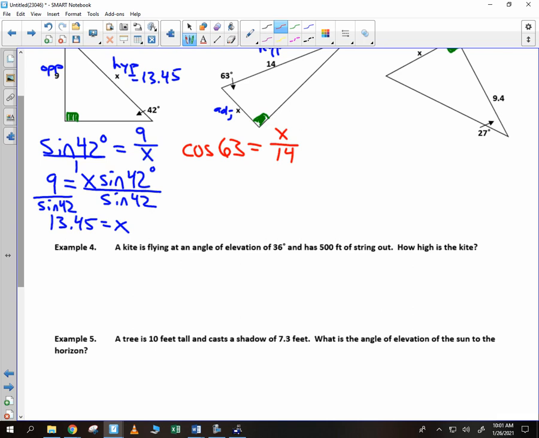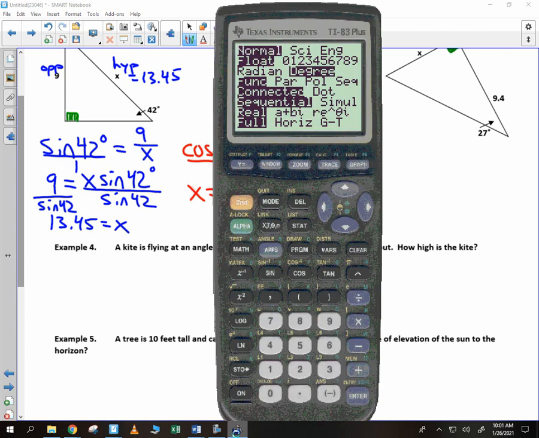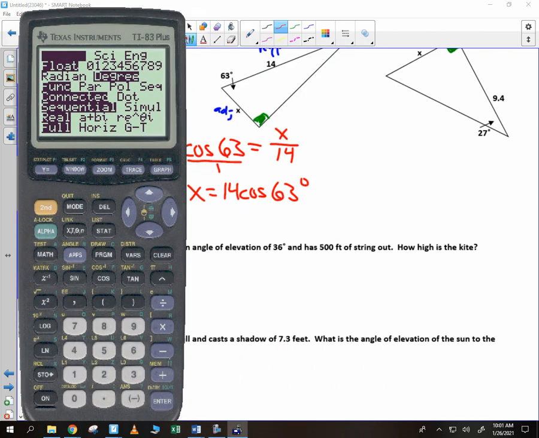Well, this one's quite easy to solve. I'll put this over 1 and I will cross multiply. X times 1 is x, and then 14 times the cosine of 63 degrees. And by the way, that is in many ways how they'll leave the answer in the ACT. They won't necessarily put it as a decimal. So you should get used to solving for it this way.